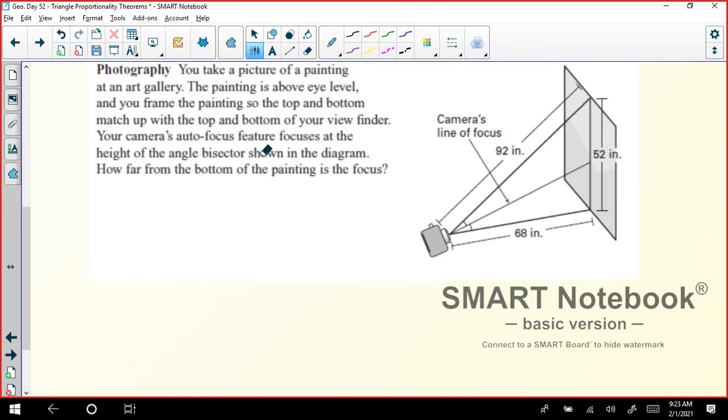Your camera's autofocus feature focuses at the height of the angle bisector shown in the diagram. How far from the bottom of the painting is the focus?